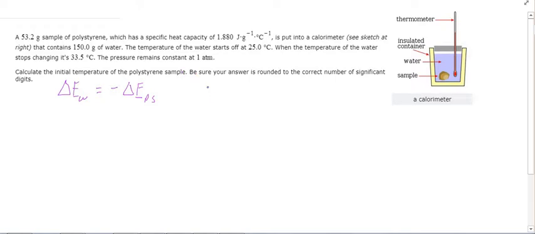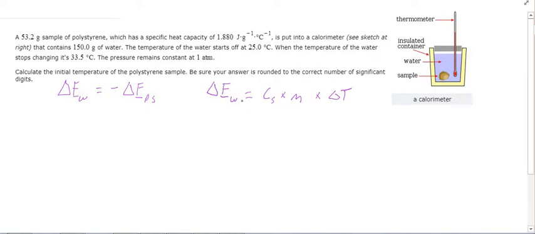Okay, and the second thing is we know that the change in energy of the water, or the polystyrene, but we have the data for the water, is going to equal the specific heat capacity of the water times the mass of the water times the change in temperature.